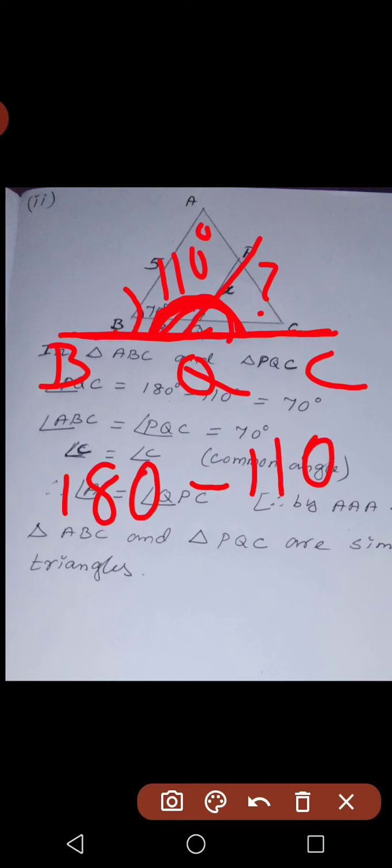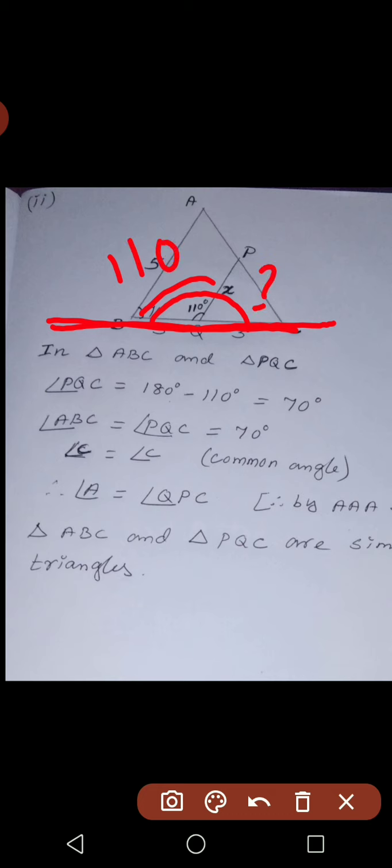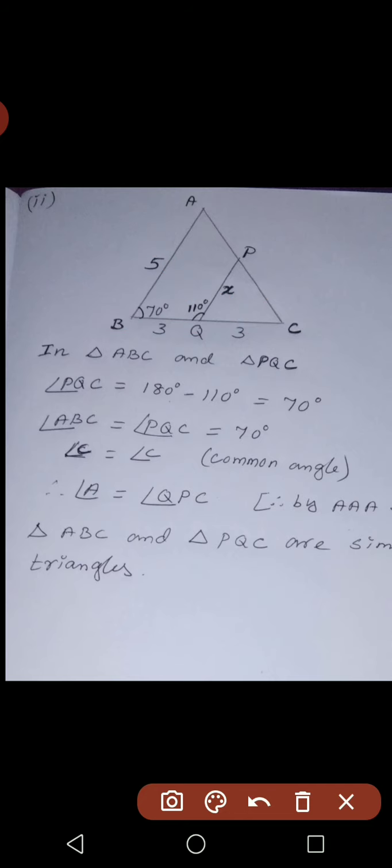So 180 minus 110 equals 70 degrees. So the missing angle is 70 degrees. Is it clear? BQC is a straight angle, so the full angle is 180, and this portion is given 110. You have to find the missing angle, so 180 minus 110 equals 70. So angle PQC equals 70 degrees.